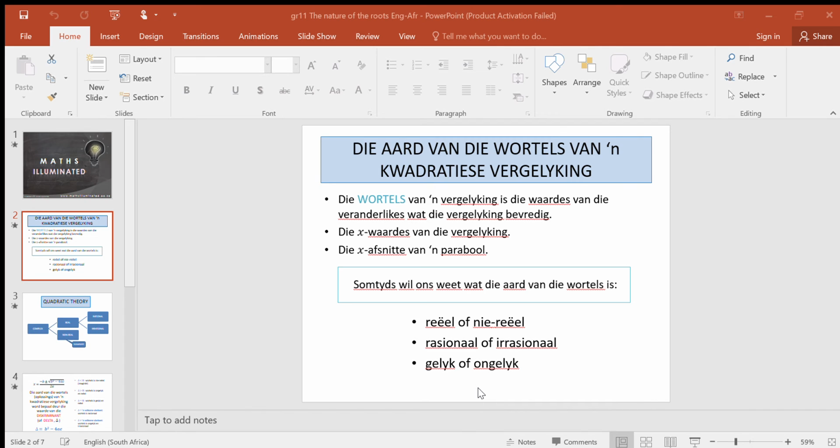Minus 4 times a, which is 1, times c, which is minus 2, en dit gee dan vir my plus 8. Nou 1 plus 8 is 9, nee? En 9 is groter as 0, meaning delta is greater than 0. And that means that we will have two real and unequal roots.